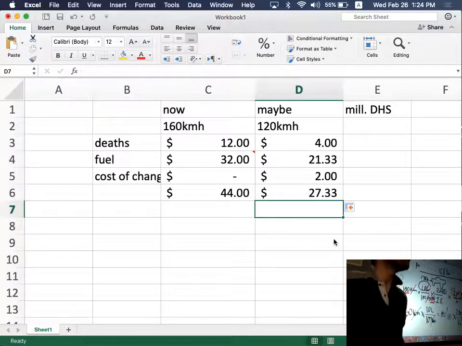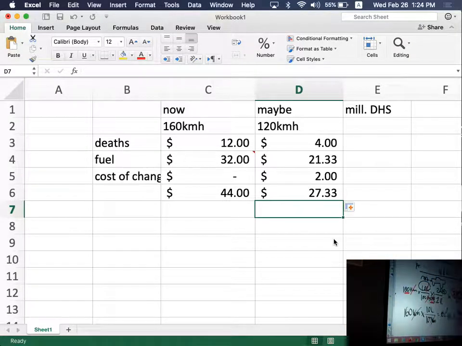So if this was true, all the highways in the world would reduce the speed, no? What about if we do 100 kilometers per hour? Why don't we do 100? We will save more money. Do you know the optimal speed for the car is 88 kilometers per hour?